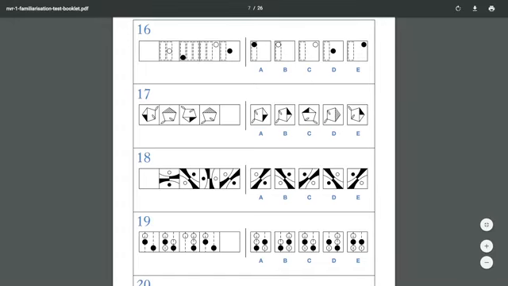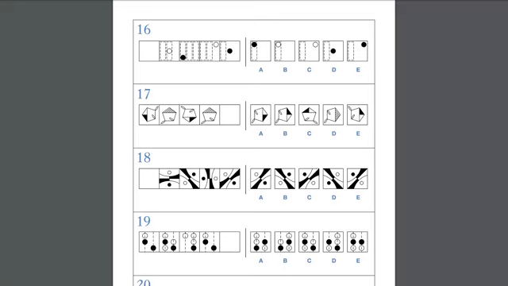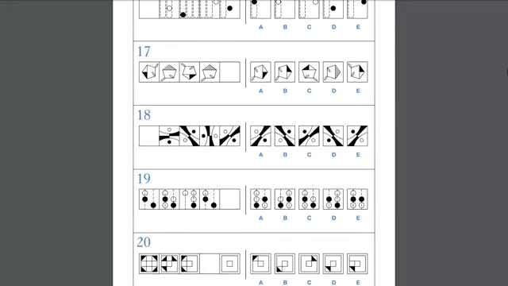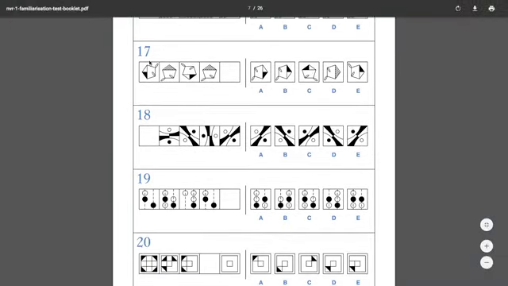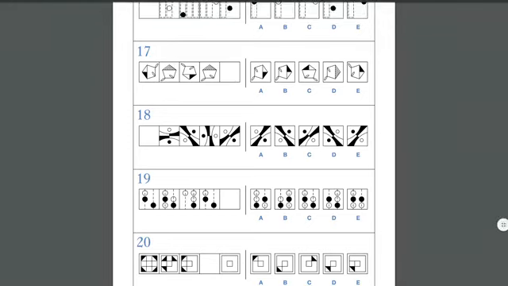So that's why the answer for 16 is C. In 17, again, the shape is going 180 degrees, and the inside shape is also moving, and the black shaded dot becomes lines. It's moving that way. That's why 17 is A.